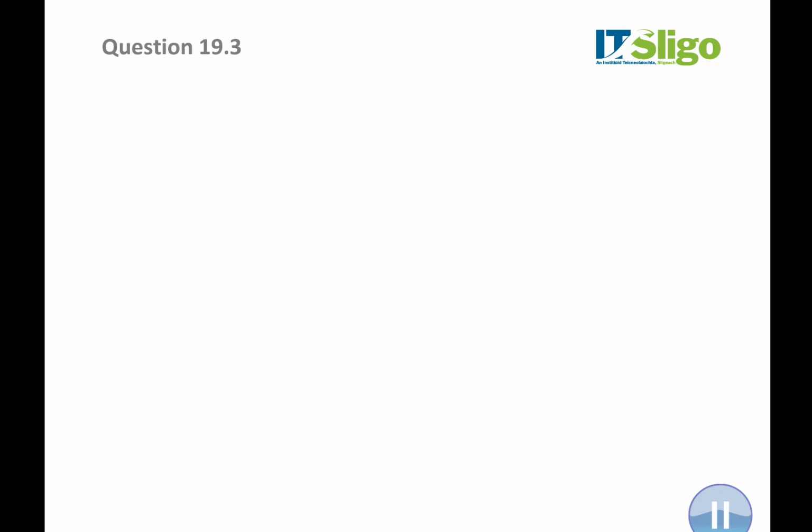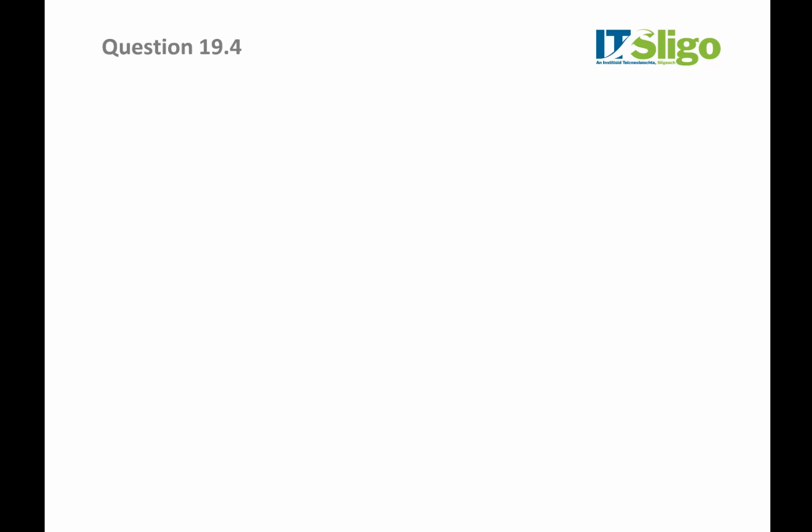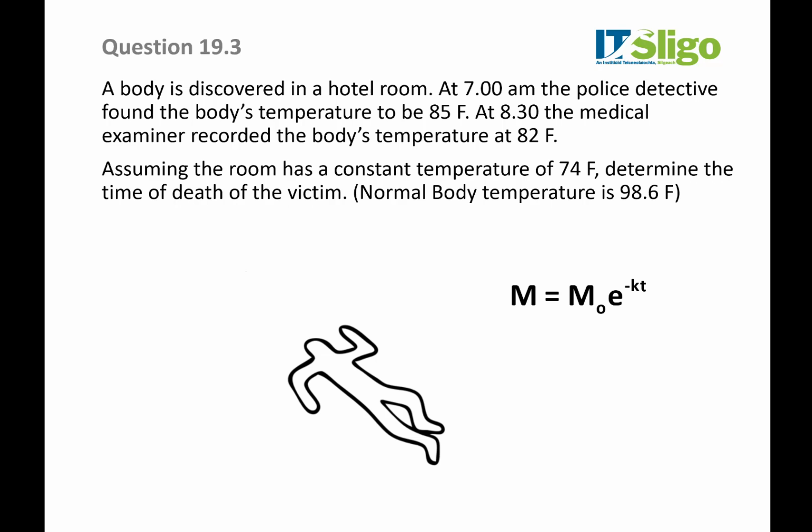So now, there's just a dead body question for you guys to have a go at. So pause the video. Sorry, that was a little bit quick. Same idea though: calculate K from this. Make sure you subtract the ambient temperature from everything. This one is in Fahrenheit, like the previous example.